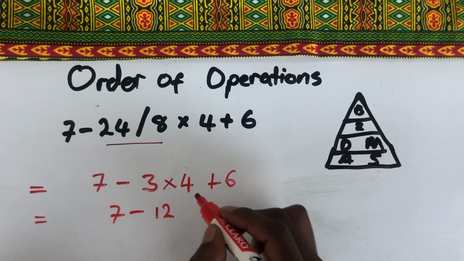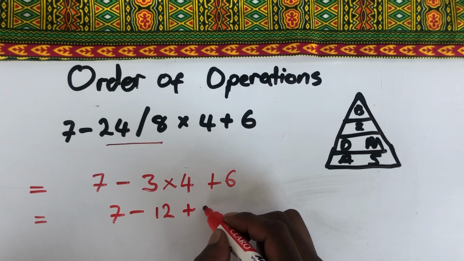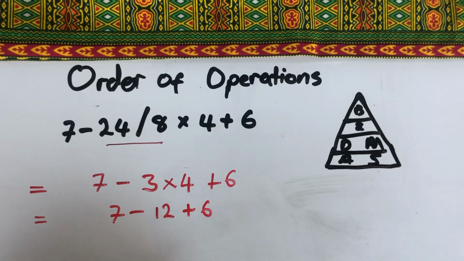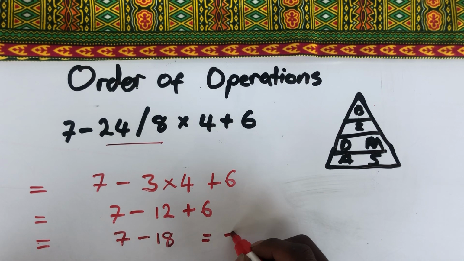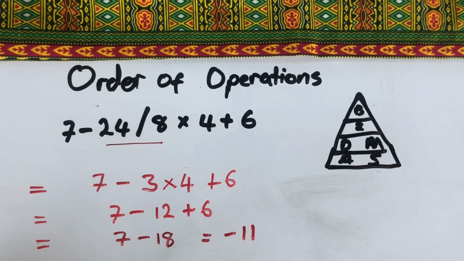Now we have 7 minus 12 plus 6. And then the last one, 12 plus 6 is 18. And then 7 minus 18 will give us negative 11.